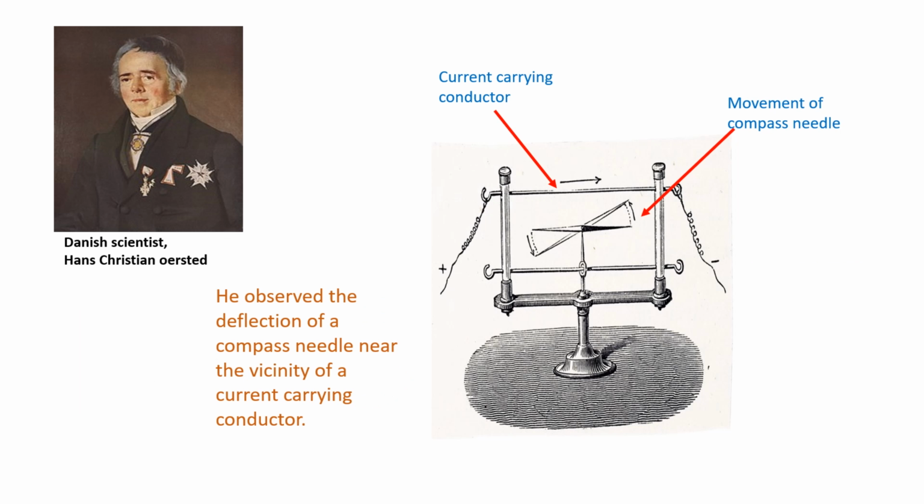Here, there is a picture of Danish scientist Hans Christian Ørsted. This was first noticed in 1820. Danish scientist Hans Christian Ørsted saw that a current flowing through a wire made a nearby compass needle move.